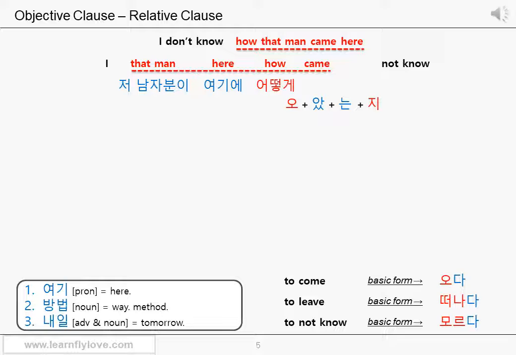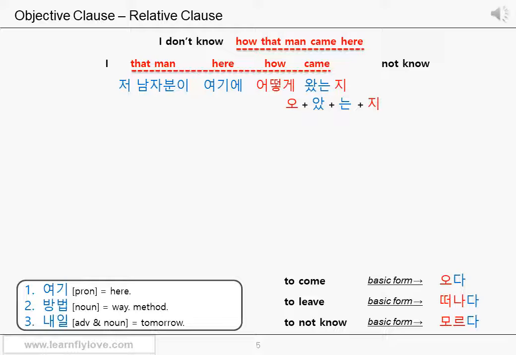But since the stem 오 doesn't have any final consonant, it has to be combined with 았 sound. 오 았, it becomes 왔 sound. So 왔는지 is correct. 왔는지.